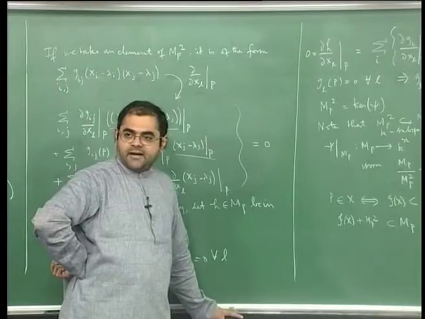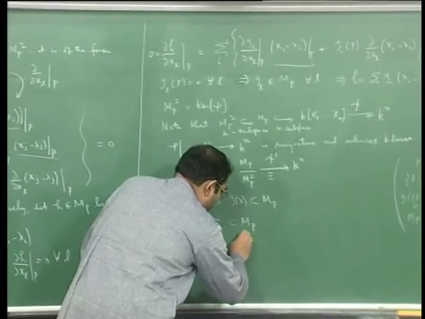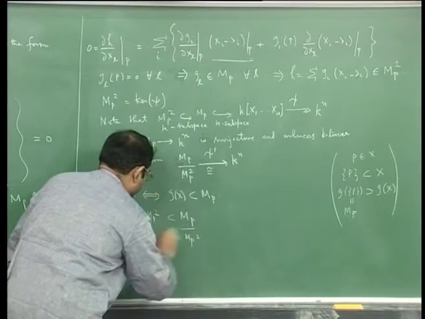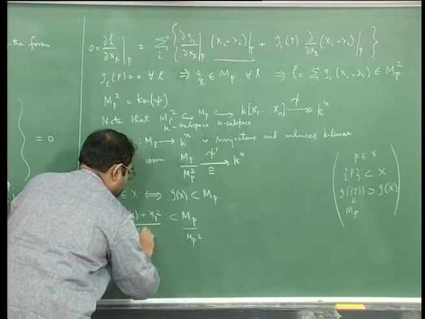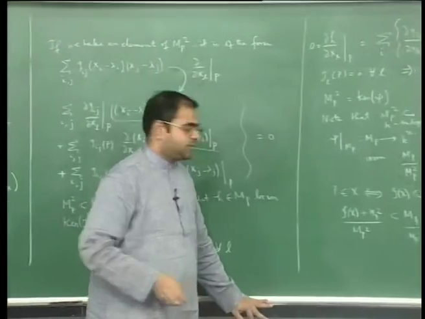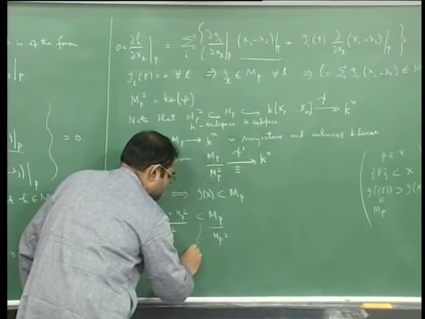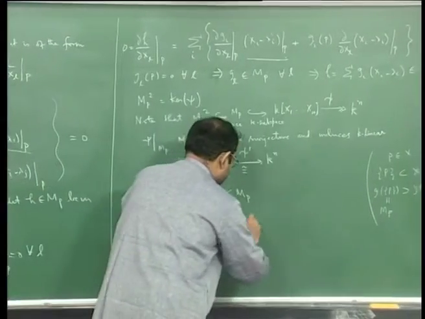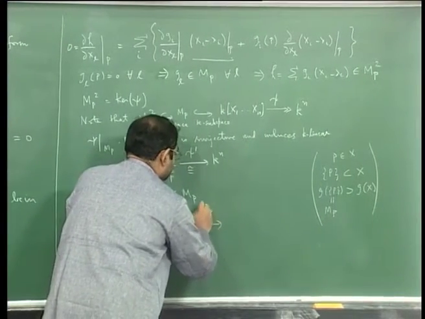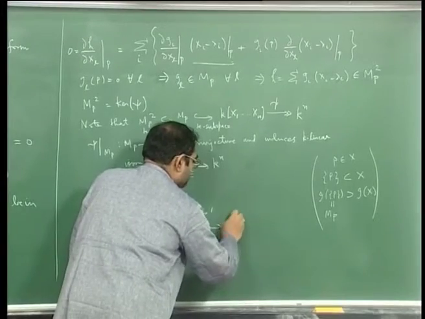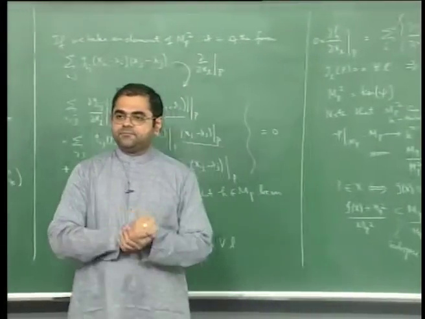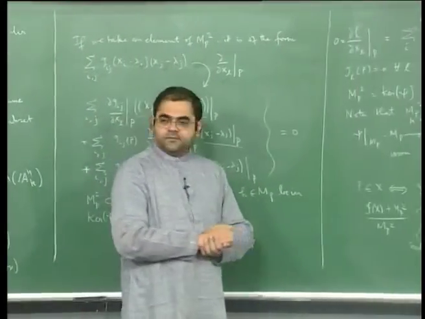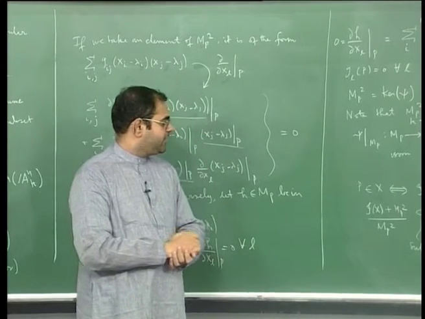In fact I can even divide now by MP squared, and I get a subspace of this K vector space which is isomorphic by psi prime to K^n.